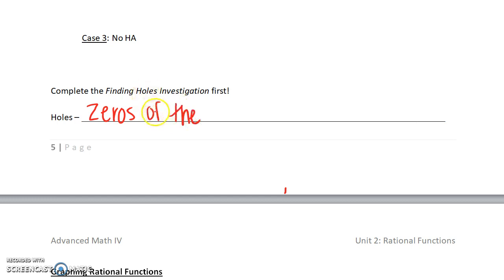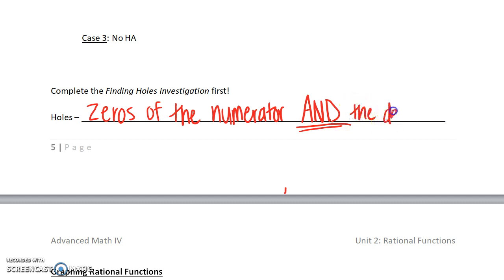Why won't it let me click? There we go. Okay, so holes are zeros of the numerator and denominator.